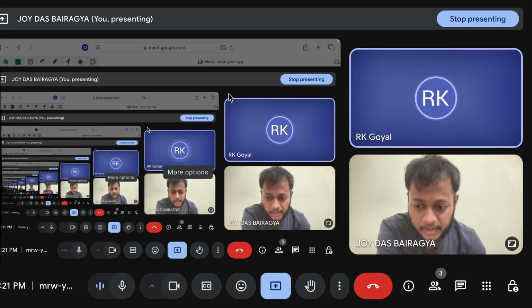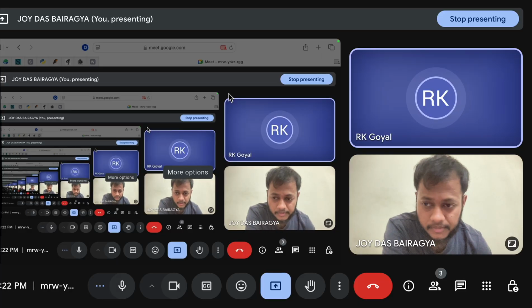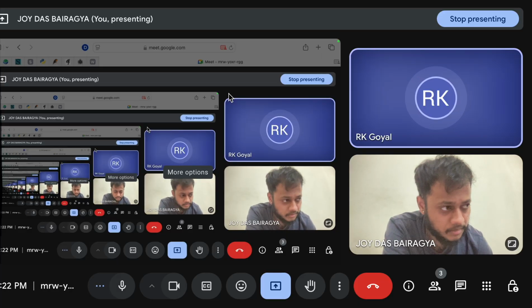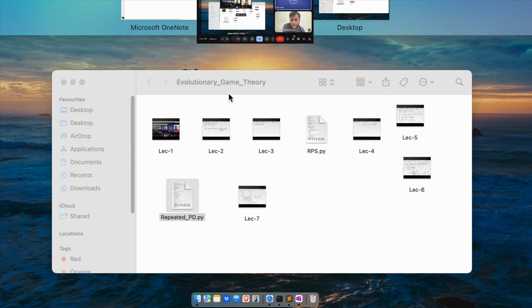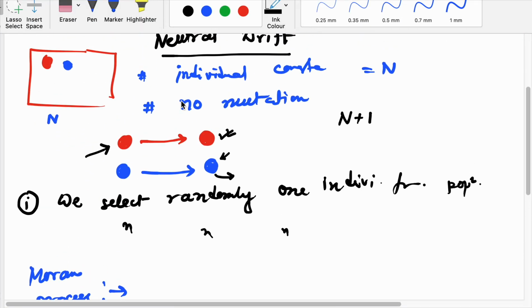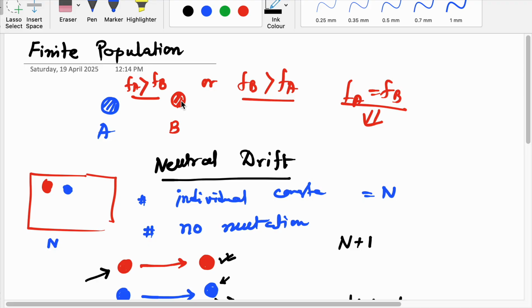Yes, but I could not understand what is the actual problem if the fitness of two individuals is equal. Okay, if the fitness of the two individuals is equal, what our dynamical equation says is that x dot will be x into (fA minus phi), where phi is the average fitness.